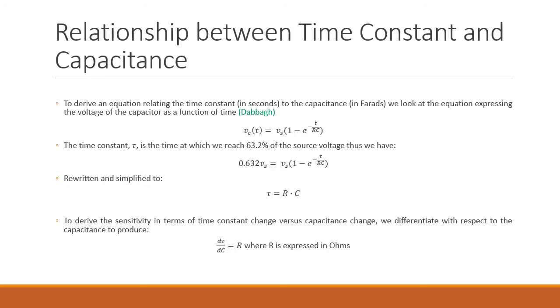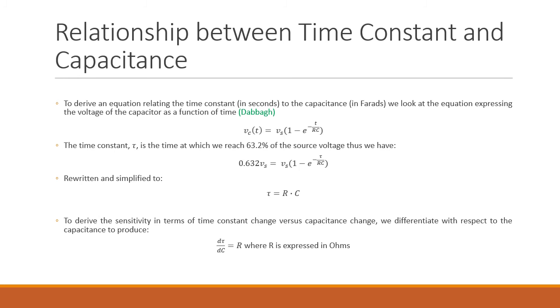To derive an equation relating the time constant, which has a unit of seconds, to the capacitance, which is in farads, we look at the equation expressing the voltage of the capacitor as a function of time, which is the first equation. As defined, the time constant, or tau, is the time at which we reach 63.2% closer to the source voltage.